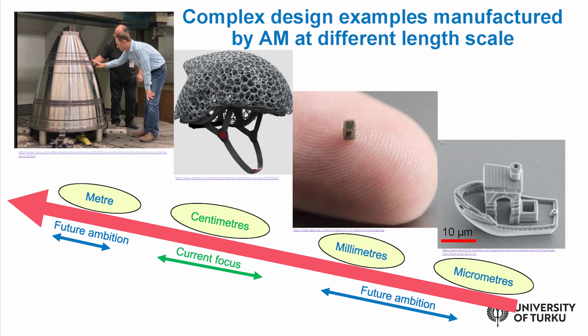So we are talking about creating components at micrometer level to millimeters to centimeters to even a few meters. And my current focus so far has been around the centimeter length scale, but I wish to extend this beyond that towards large scale additive manufacturing and also towards small scale additive manufacturing during my professorship.